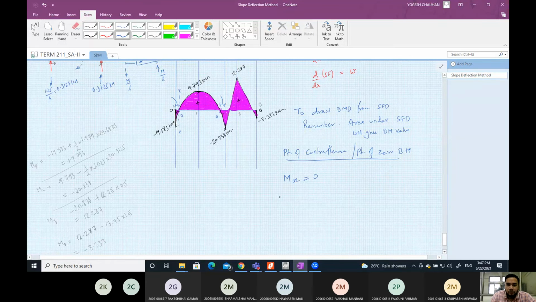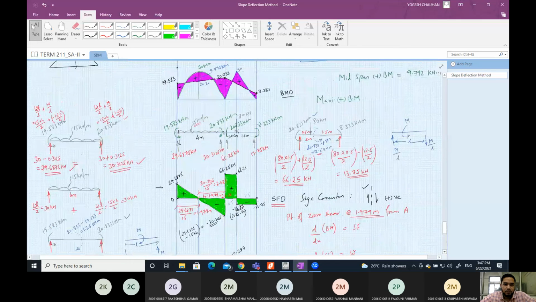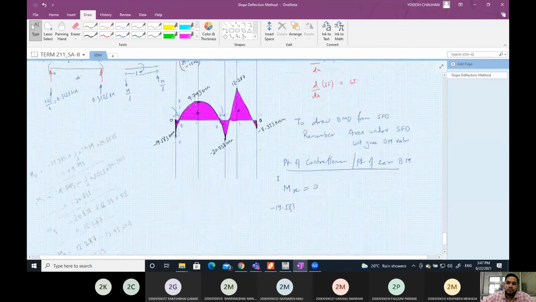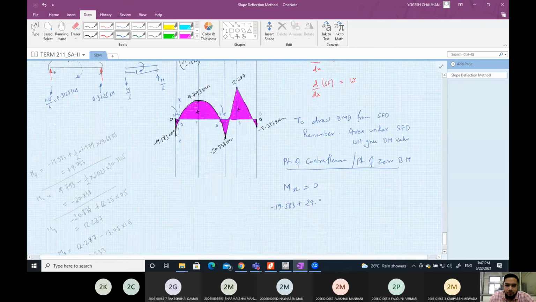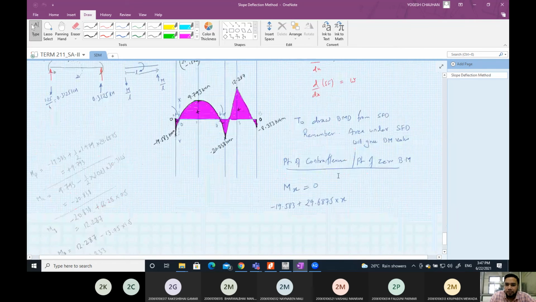So bending moment at this point will be minus 19.583, then this will be in hogging, then 29.6875 positive into x plus 29.6875 into x, okay, plus then due to this UDL on this much part, it will be again causing hogging moment, so 15 into x square by 2 minus 15 into x square by 2, this will be equal to 0, that is net bending moment over here.